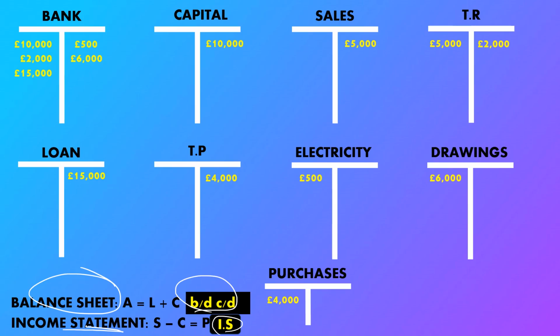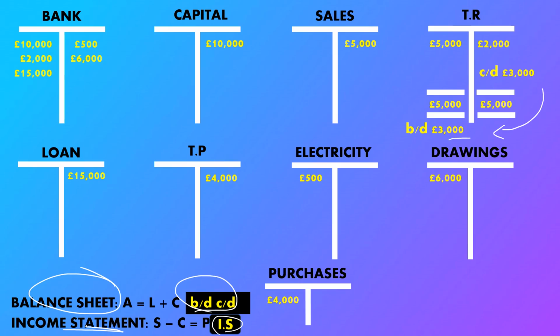In this case, it is £5,000 on the left side. In order to balance that T account, we must put the £5,000 as total for both sides. The right side has £2,000, which does not total £5,000. So we look for the difference, which is £3,000. That £3,000 is the closing balance, which will be brought forward to the next financial period as the beginning balance.